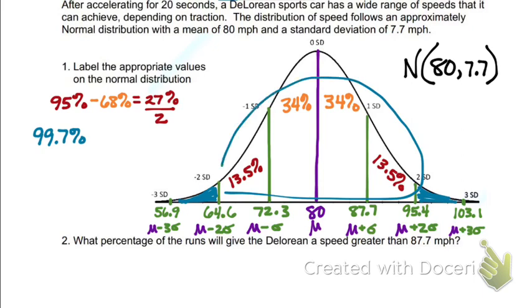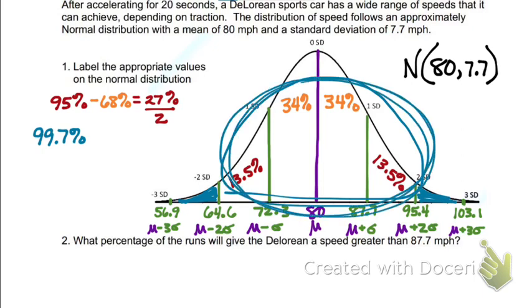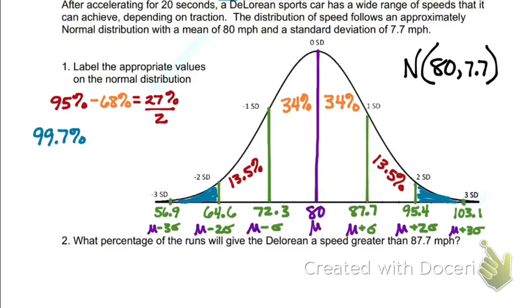But these spaces in here, this makes up what percentage? 95. So I'm going to subtract that out. Minus 95%. That gives me what? 4.7%, and then it is divided evenly between those two sections. So I need to take that and cut it in half to figure out what goes in each tail. 2.35.